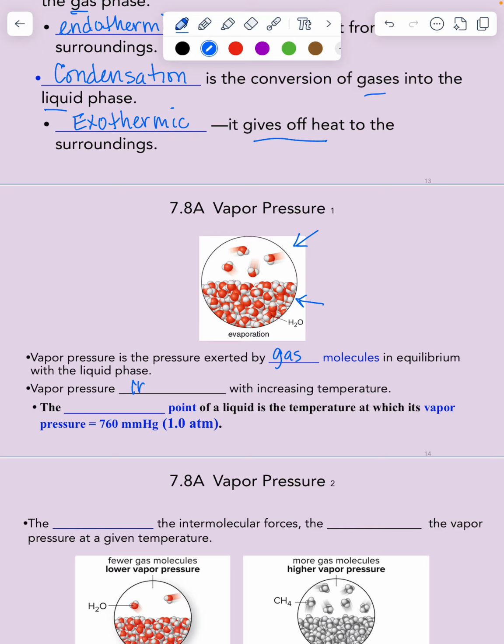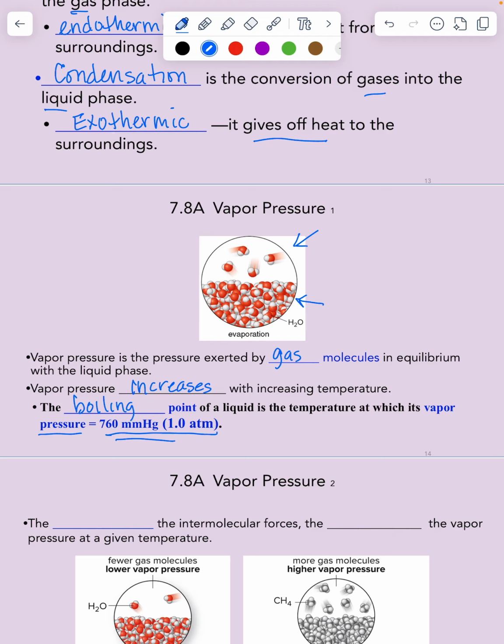And as I said, the boiling point of a liquid is the temperature at which its vapor pressure equals the atmospheric pressure. So we talked about gases in the first part of Unit 7. And so you know that this is standard pressure.